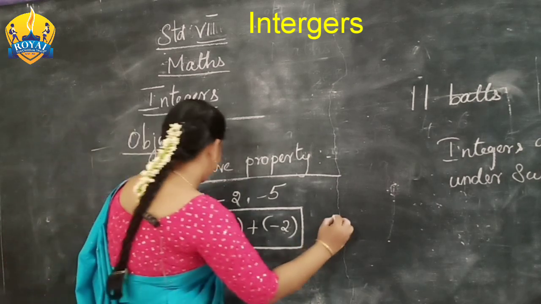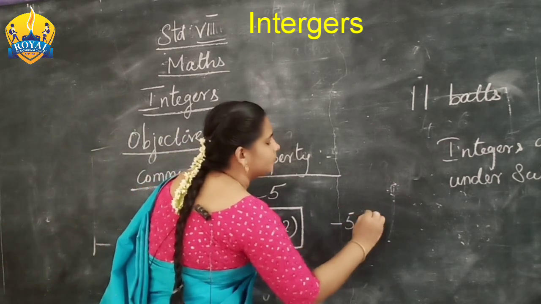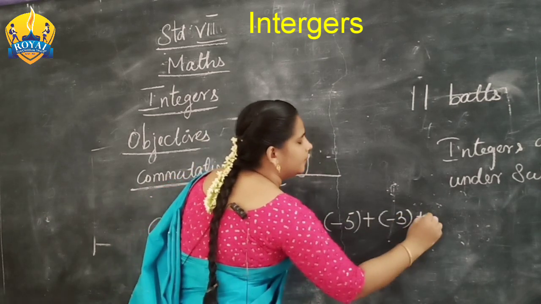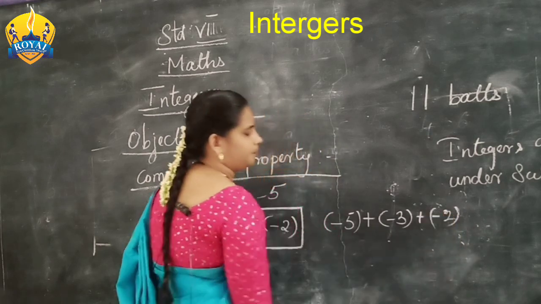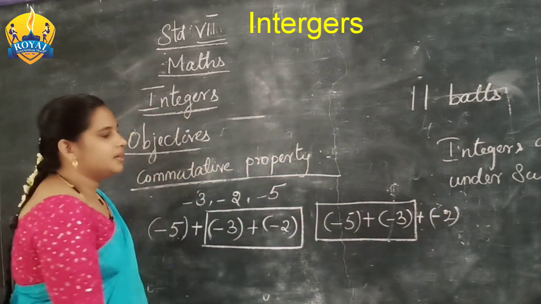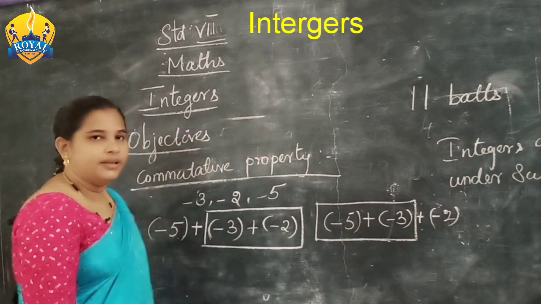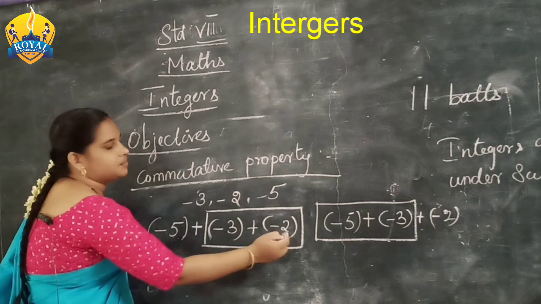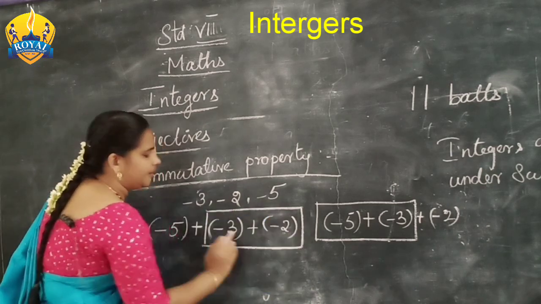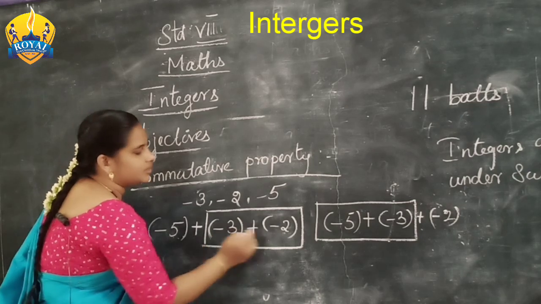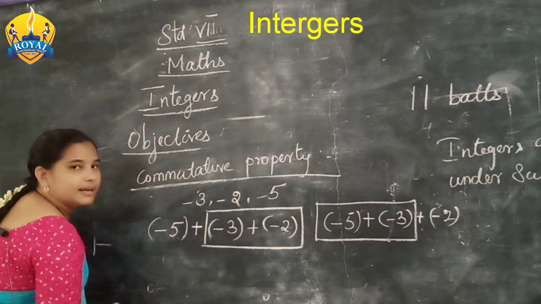Next, minus 5 plus minus 3 plus minus 2, where minus 5 plus minus 3 are grouped together.